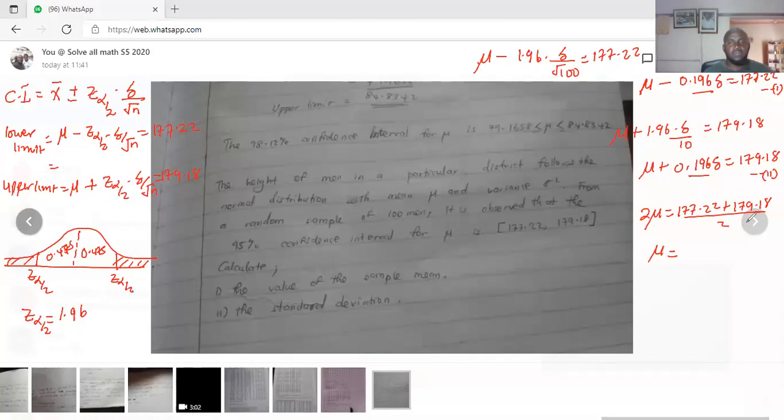178.2. Does it lie within the interval? You're going to put 178.2.